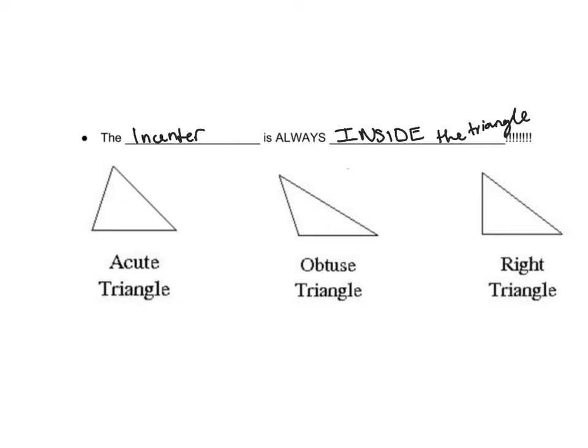If it's acute, it's going to be about here. And then we make our perpendicular bisector through it. That should go right to that corner. And then same with here, and same with here.